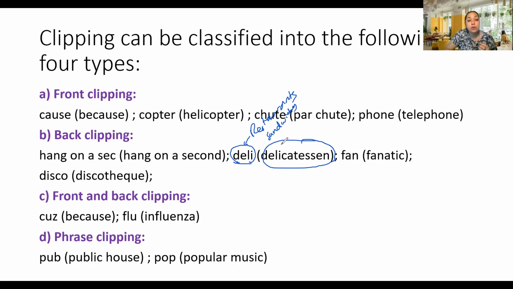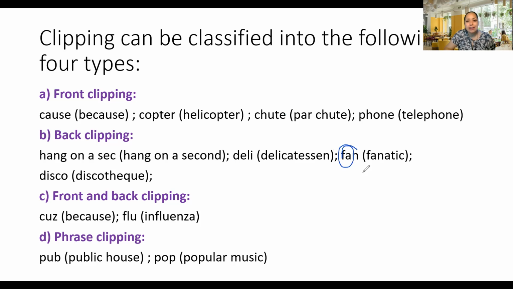And it's called a deli because they are not considered very simple sandwiches, but have some very nice and good bread, and that's why it's called delicatessen. But the word has a back clipping at the beginning, which is deli.